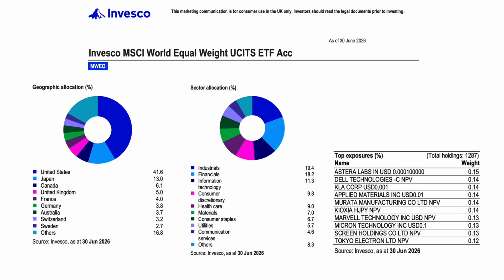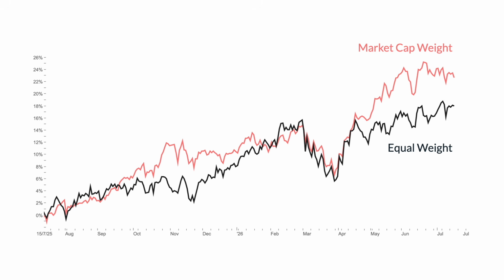Of course, every choice has trade-offs. Recently, market cap weighting has outperformed because the largest companies have continued to lead the market. But that might not continue. The important point is that when you buy a global equity ETF, you are also choosing how concentrated you want to be in particular countries, sectors, and companies.